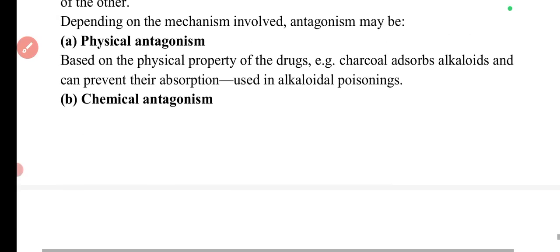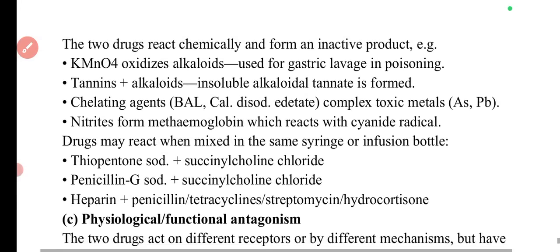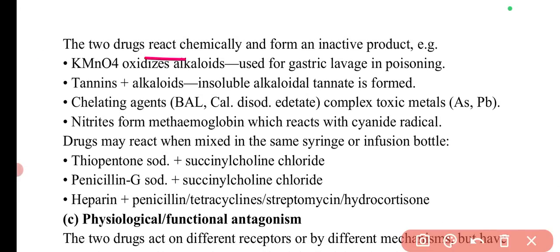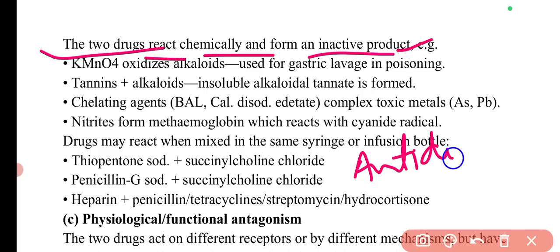Then there is a chemical antagonism. In chemical antagonism, the two drugs react chemically and form an inactive compound. Like in the classification of poison, we will study the chemical poison. So these come under chemical, means which will bind with the poison. Basically in the antidotes we will study these types of antidotes.